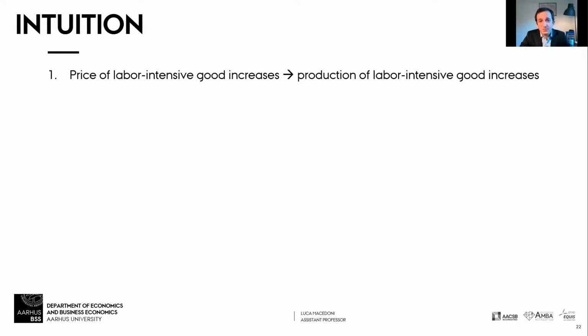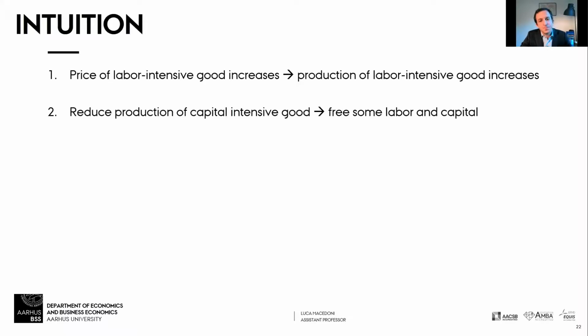What do you need? You need factors of production, labor and capital. Where do you get them? From the other good, from the capital-intensive good. So you want to reduce the production of the capital-intensive good to free up some labor and capital that can be used in the production of good one, the labor-intensive good. Now, the key here is that the two goods differ in their labor intensity.